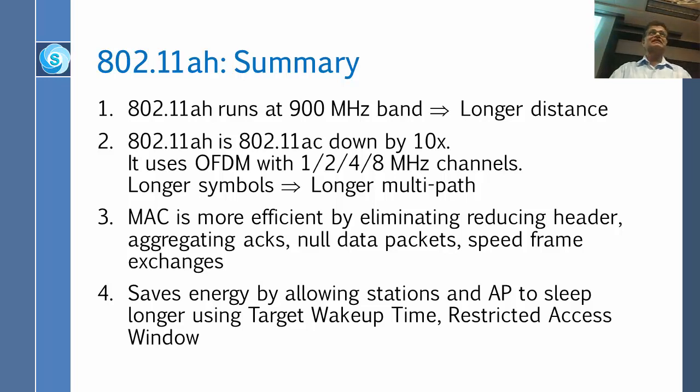Speed frame exchanges means many frames in a burst. You can just send, and you can receive and send and receive and send. So exchange. It saves energy by allowing stations and the access point to sleep. Longer sleep using the target wake time and restricted access window. Okay, so those are all the new stuff in 11AH.